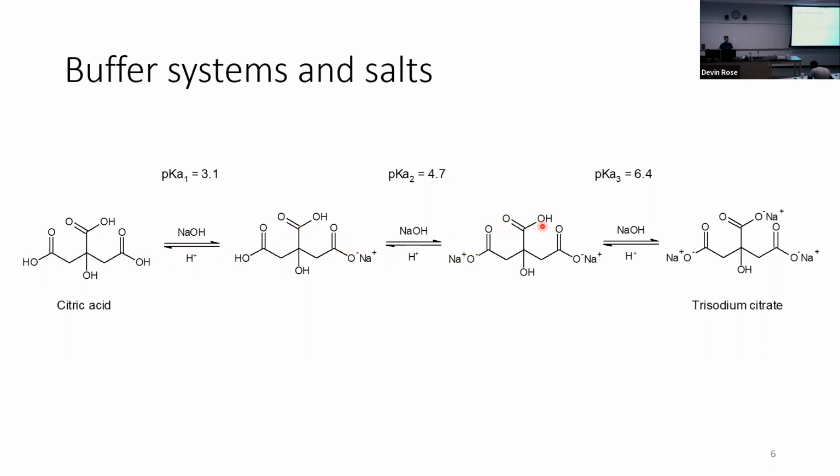And then finally, this last one will come off at a near neutral pH. So citric acid's pretty unique because of its 3 carboxylic acid groups. It can basically buffer at any pH below 7 or below 7.5. So that's pretty unique.